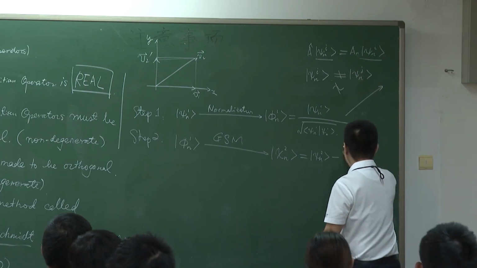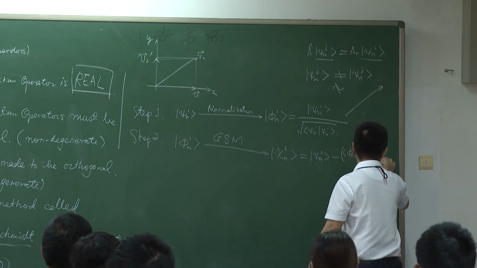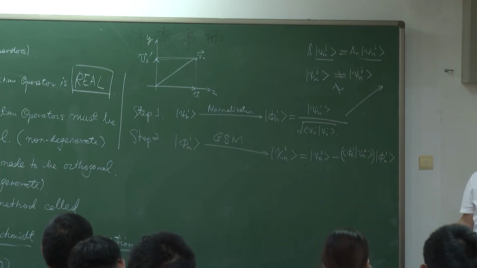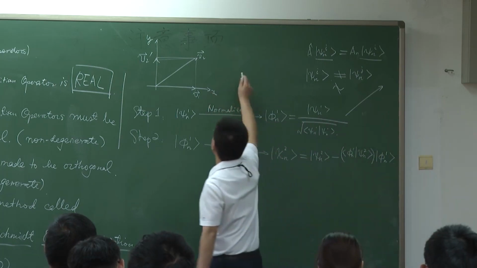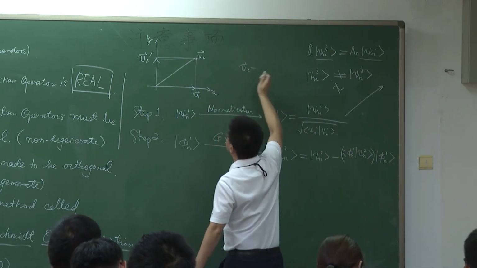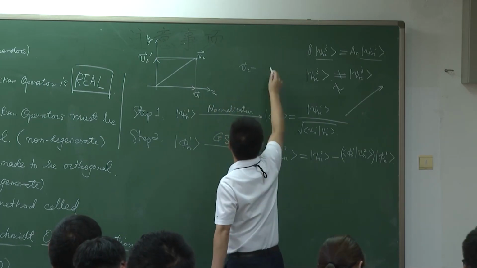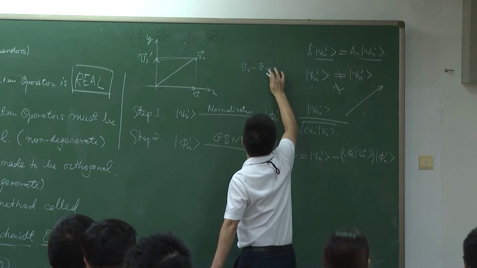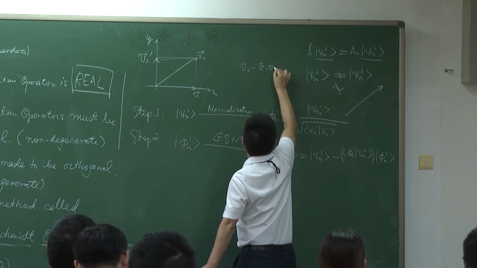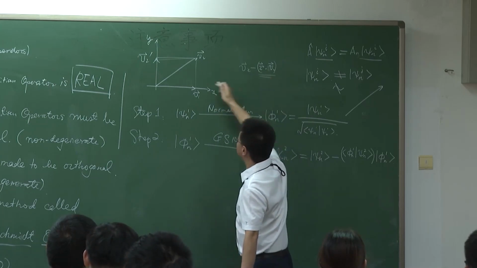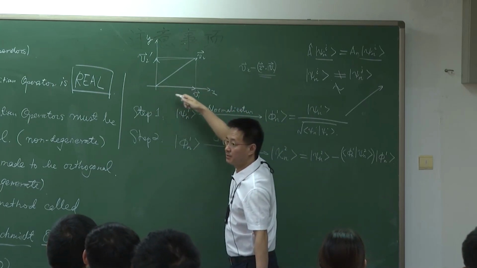And this psi n1, right? It's just like this. V2 minus what? Minus this, the projection, the component of this.